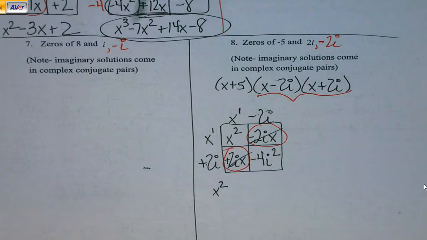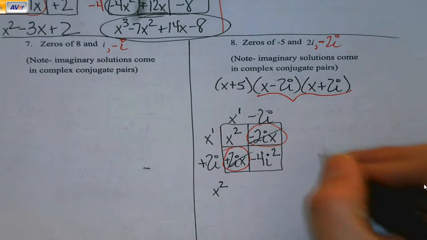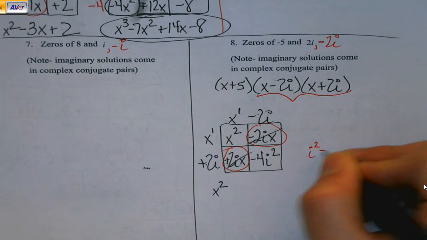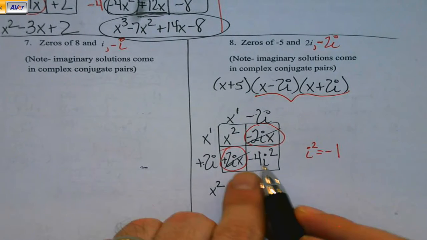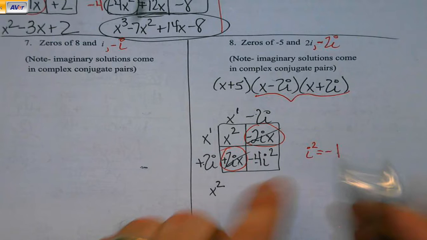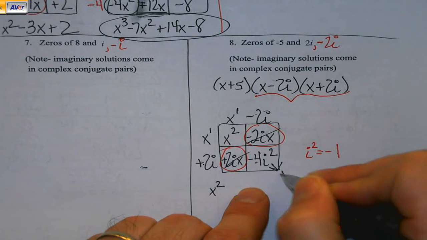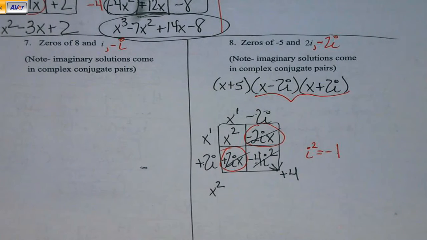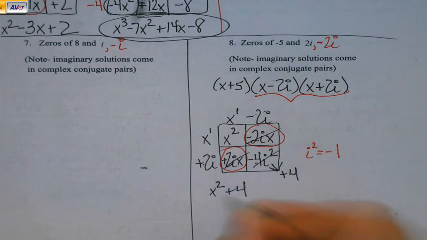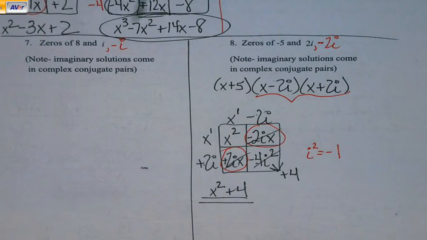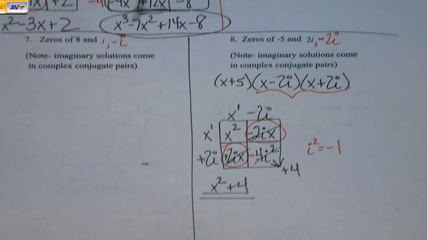What's i squared equal? Negative 1. So since i squared equals negative 1, this is really negative 4 times negative 1. So this is really positive 4. All the i's are gone. Okay. That's what I get out of my first pair, where the i's are at.